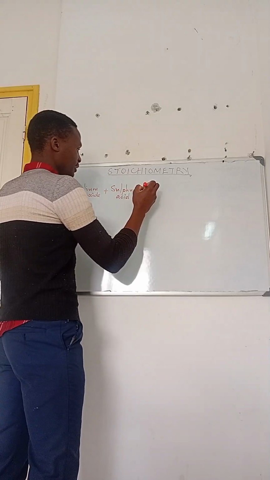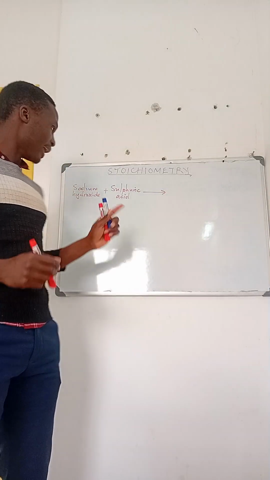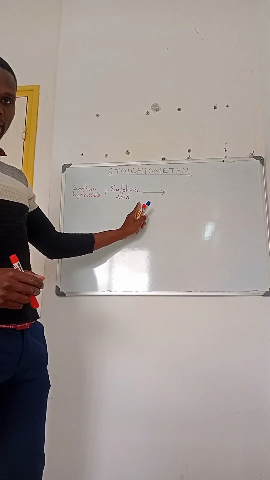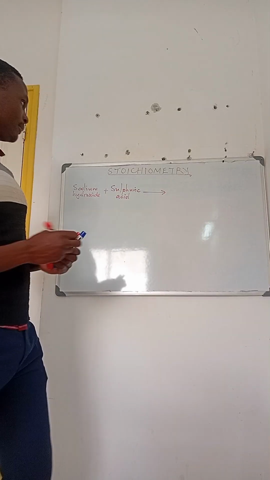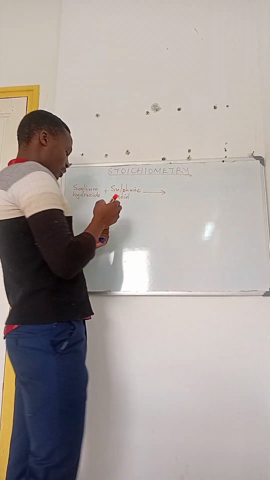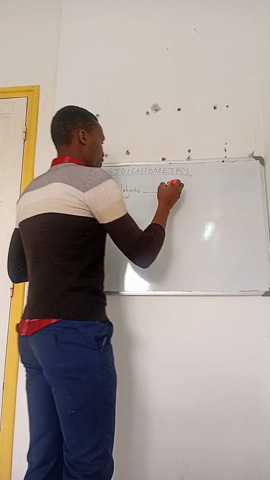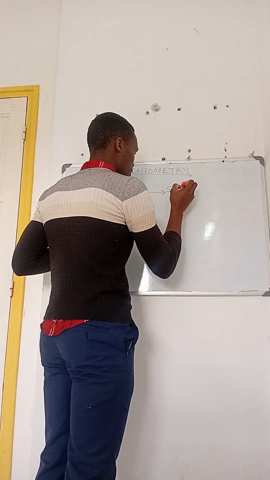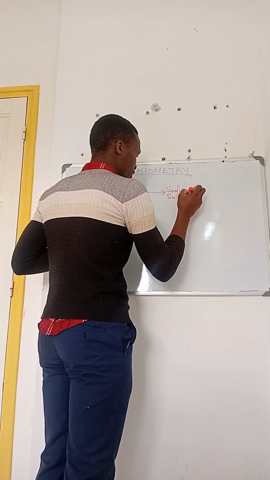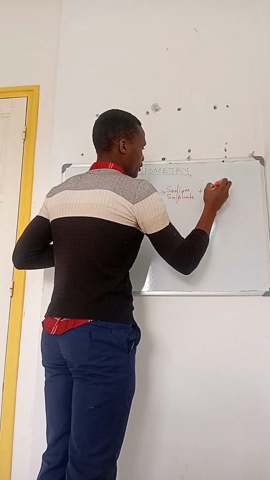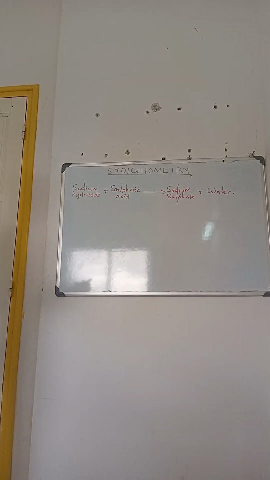Generally, when we react a base and an acid, we produce a salt and water. Specifically, we are going to produce a salt called sodium sulfate, plus water. So water is produced.